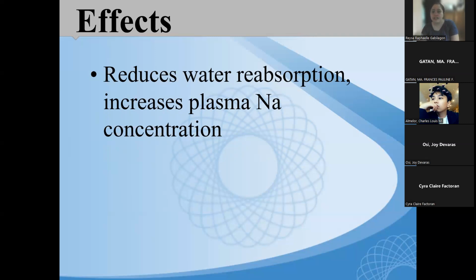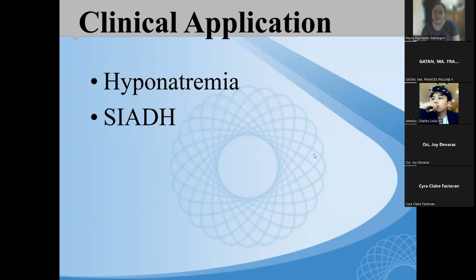However, there will be increase in the plasma sodium concentration. Since we are just dealing with the ADH, then we are dealing with water. So what moves here is water. Maiiwan si sodium, thus the patient may experience hypernatremia. Okay?